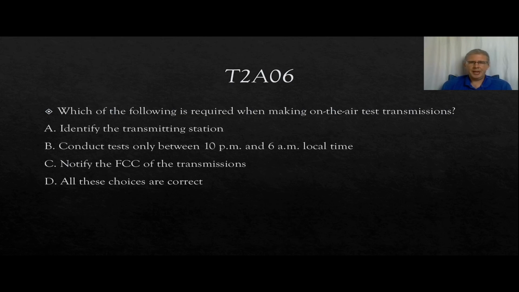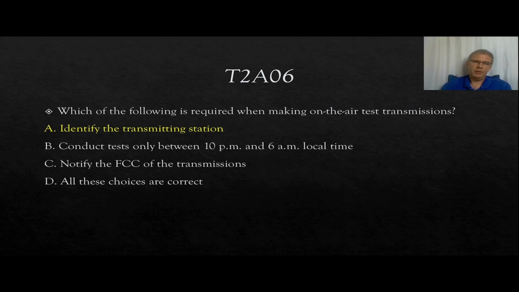So let's keep in mind here, the purpose of amateur radio is to test, to tinker, to learn. So we only have one major rule when it comes to using equipment, and that's we must identify ourselves. So the correct answer is A, identify the transmitting station.